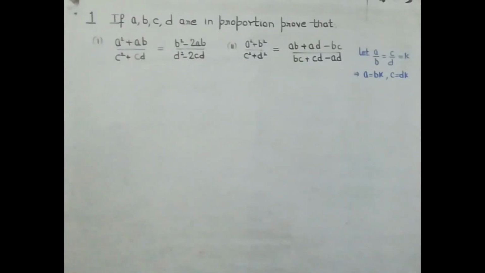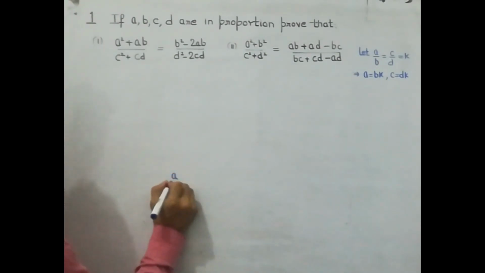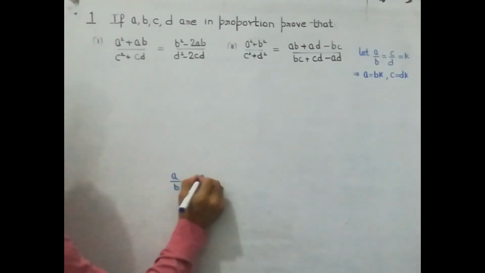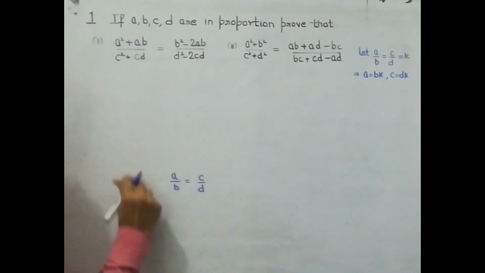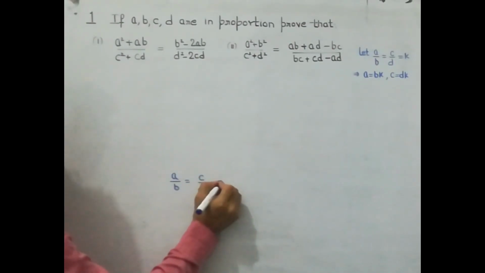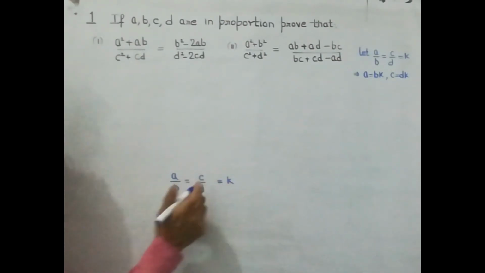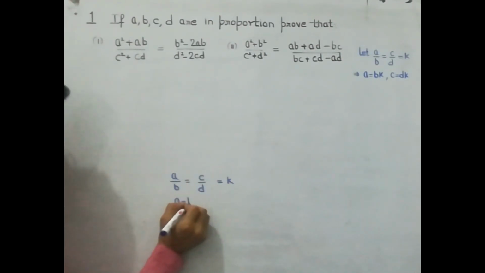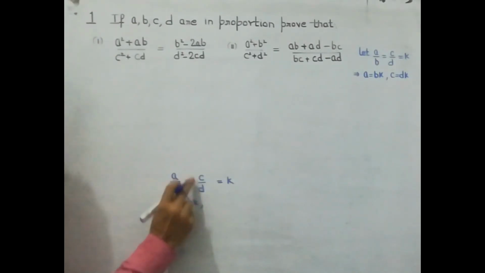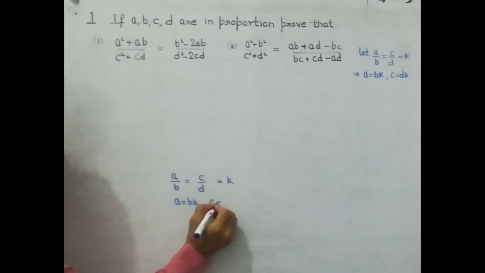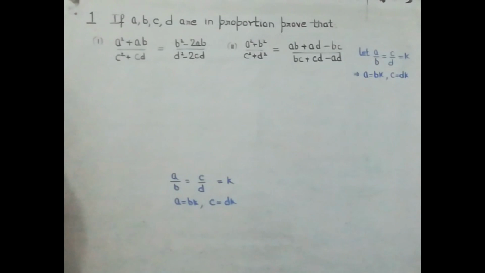Proportion. Now if A, B, C, D are in proportion, then the relation between them will be like this: A upon B is equal to C upon D. Let it be equal to K. Now if you equate this one, you will get A is equal to BK, and if you equate this one, you will get C is equal to DK.